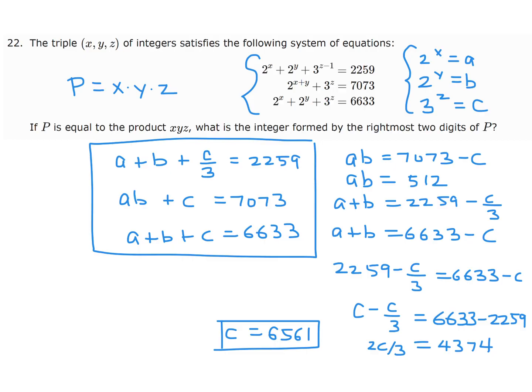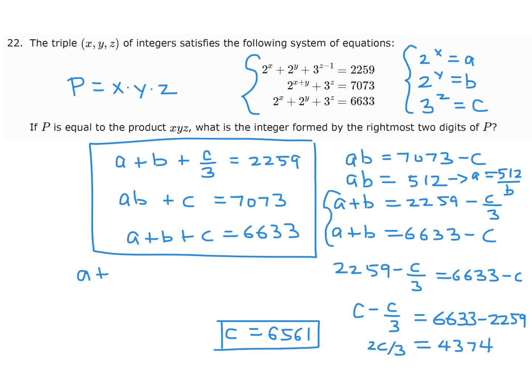Well, I guess I can put one in terms of the other, so A is equal to 512 over B, and then just sub that into one of these equations. So which one should I use here? A plus B. Well, either one, because the values would be the same.